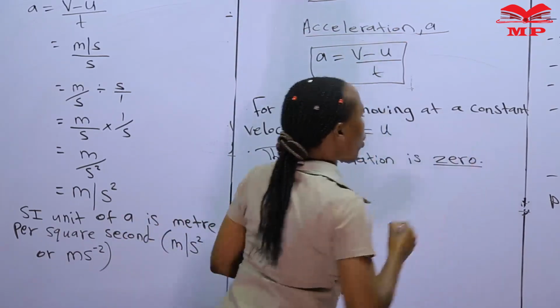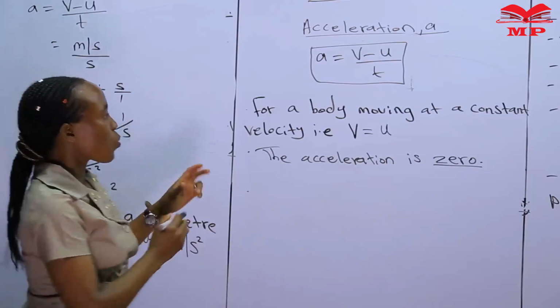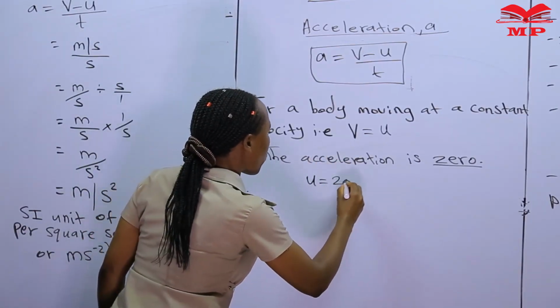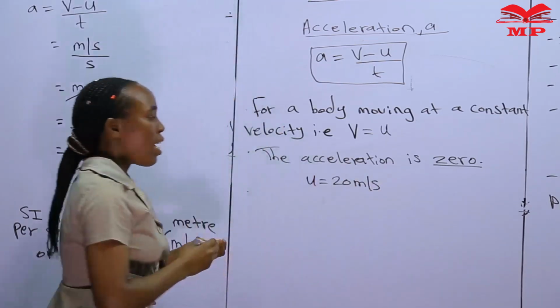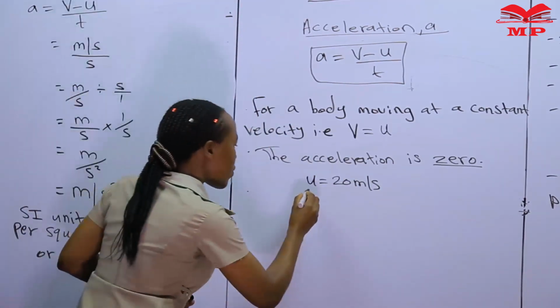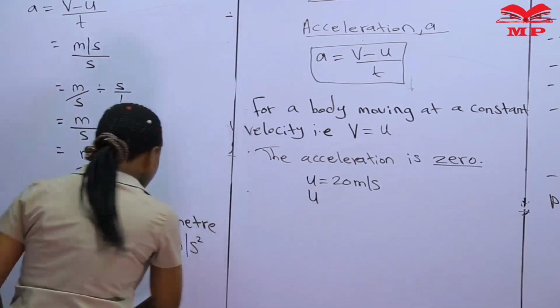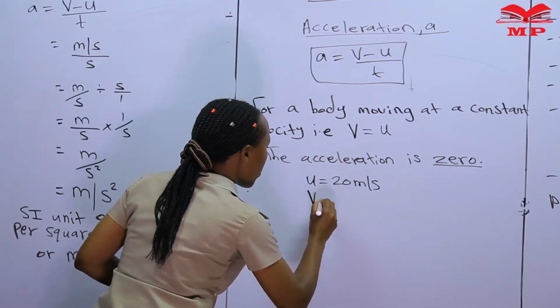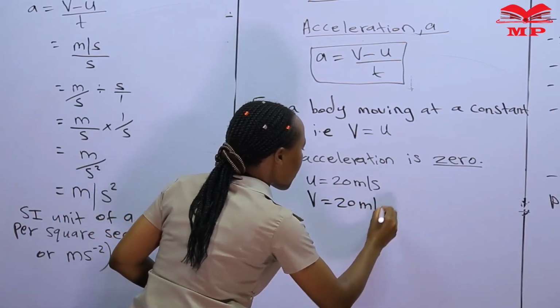The acceleration is 0. For example, if we take our initial velocity to be 20 meters per second, that body is moving at a constant velocity, and therefore the final velocity again is also 20 meters per second.